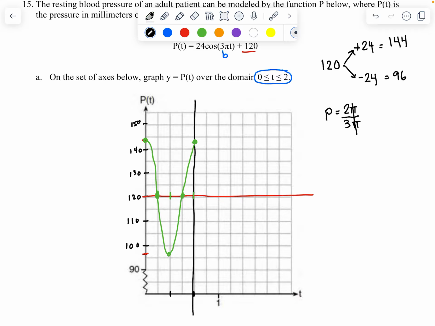Now another 2/3, if you think about it, that was 4 boxes. So another 2/3 is going to be another 4 boxes. And then I'm going to do it again. 1, 2, 3, 4, and then another 4 boxes. So 1, 2, 3, 4, 5. And there you go. Each one of these is 2/3.